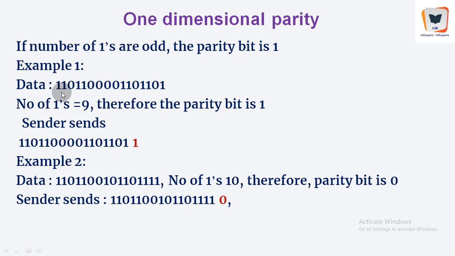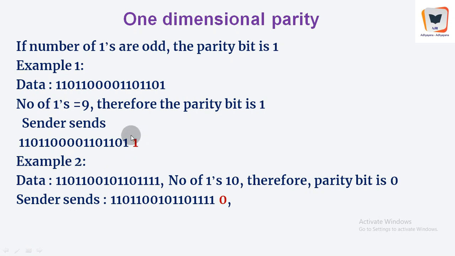Even parity is the scheme. For example, here this data consists of 1, 2, 3, 4, 5, 6, 7, 8, 9 ones. Therefore, in order to have even parity, it needs a 1 bit. Therefore 1 is indicated over here.